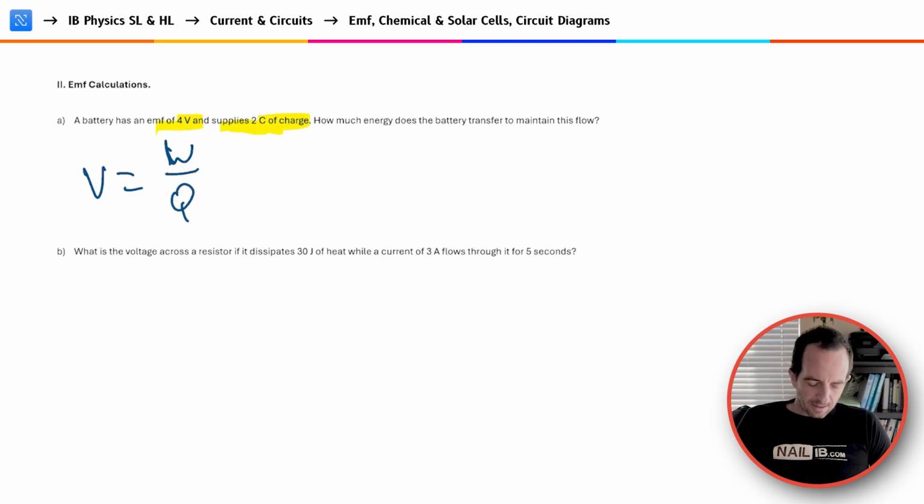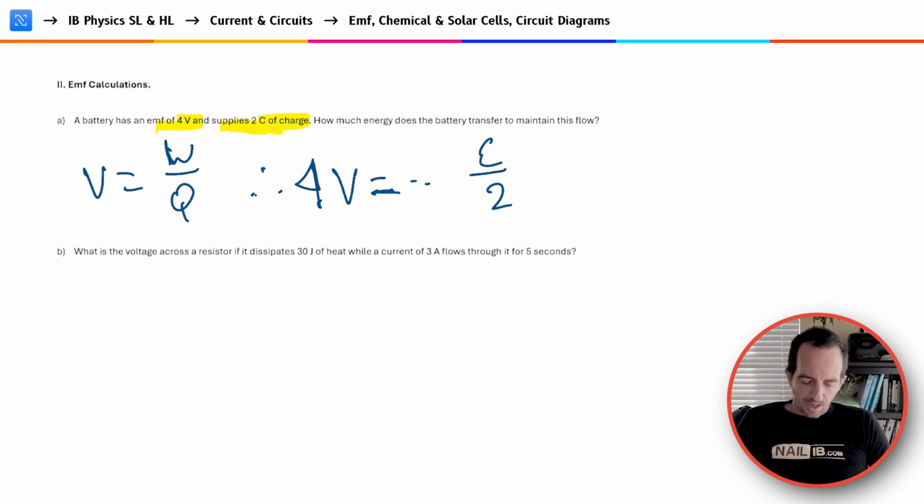In this case, we have 4 volts, so energy must equal 8 joules, right?